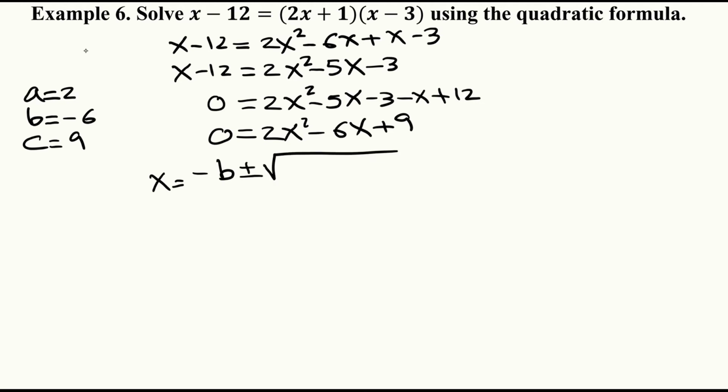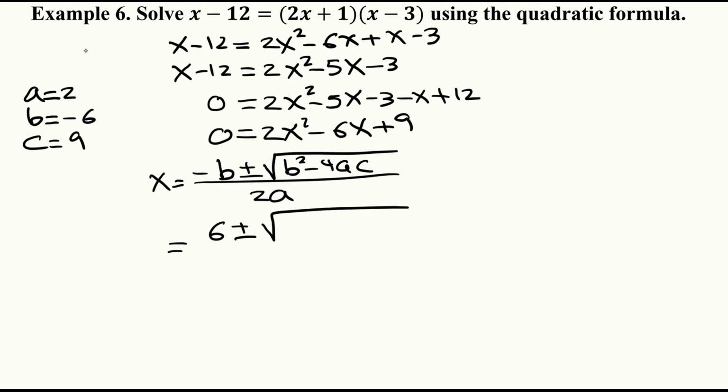So we get negative b plus or minus square root of b squared minus 4ac over 2a. So the opposite of negative 6 is 6, plus or minus square root of the square of negative 6 is 36 minus 4 times a, which is 2, times c, which is 9. All over 2 times a, which is 2.